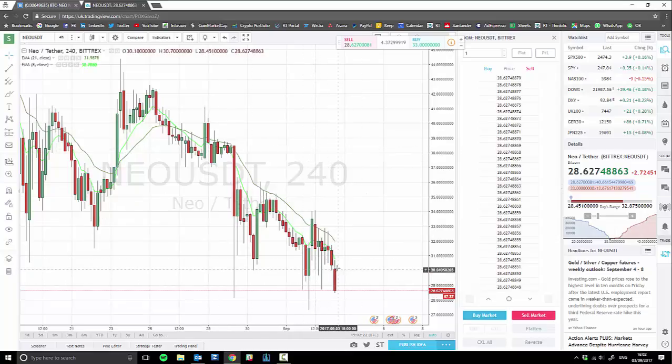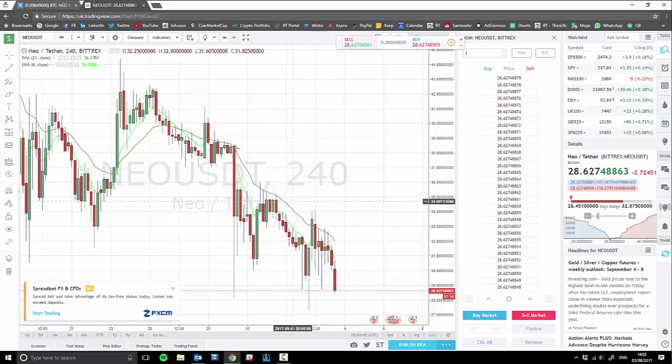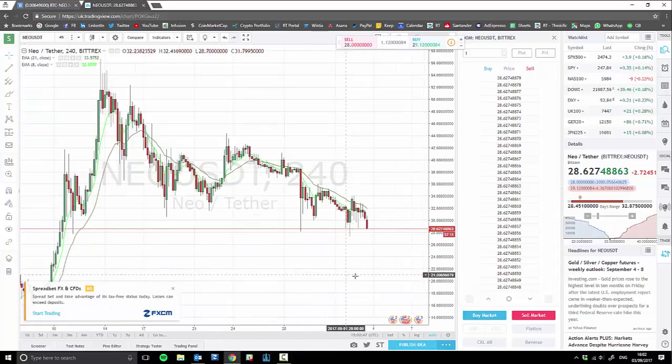So this candlestick has shown that in this 4-hour block, it's made a maximum up here of $30.66 all the way down to this low here, $28.44, and at the moment the price is where that red line is, and it's looking rather bearish.